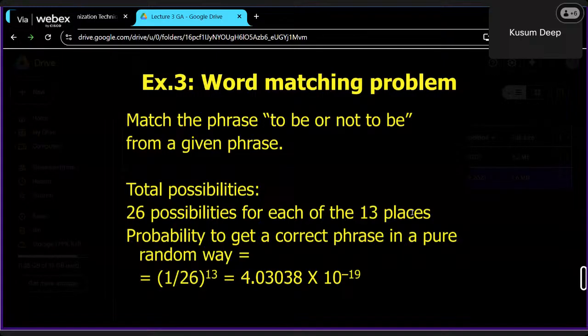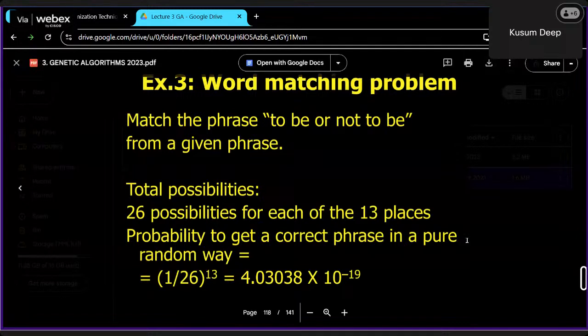You want to match the phrase from a given phrase. This is just like what the plagiarism software does. Also, this problem can be extended to the case of images, videos, and so on. But just for the sake of illustration, I am showing it for a string.